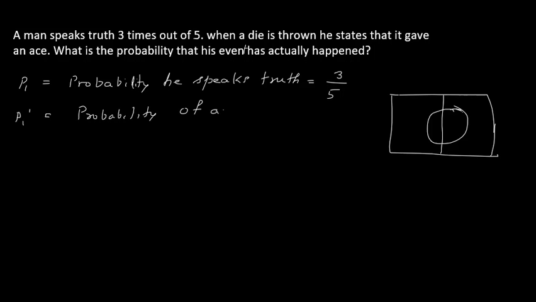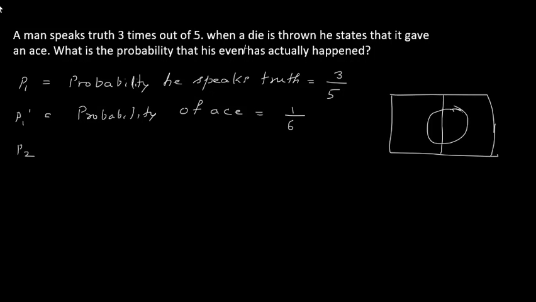Now probability of an ace, here he speaks truth and when he is saying truth, I am getting an ace. Its chance is 1 upon 6. So ace, there is only one ace out of 6. Its chance is 1 upon 6, probability of getting ace when he is saying truth.